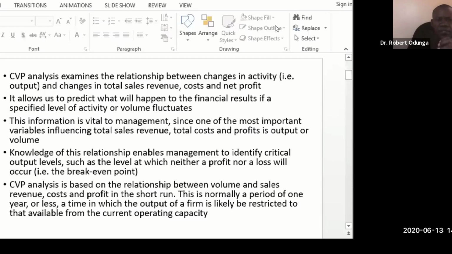This information is vital to management since one of the most important variables influencing total sales revenue, total costs, and profits is output or volume. So the volume, which is now the sales, the quantity that you are selling, will affect the total cost, the profits, and the sales revenue.